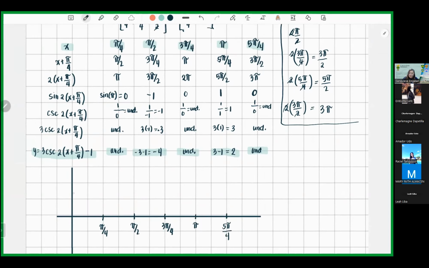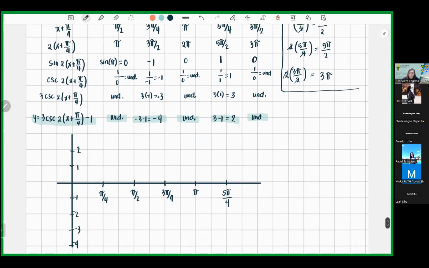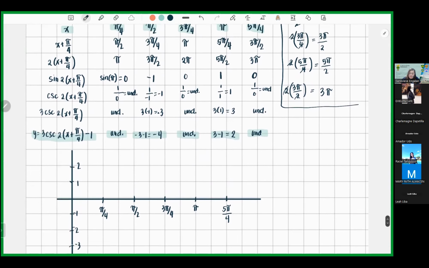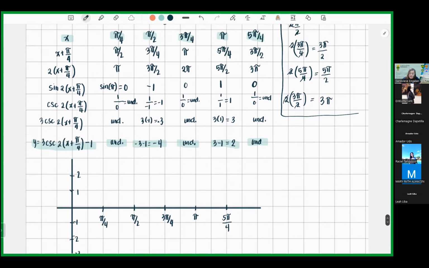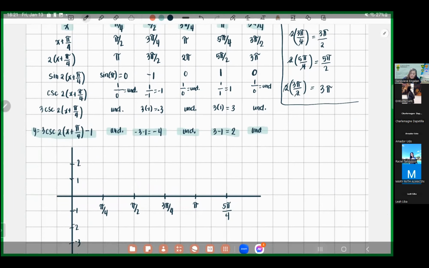Okay. And this is 1, 2. Then 1, 2. Negative 1, negative 2, negative 3, negative 4. Okay. So, at x equal to pi over 4, there is a vertical asymptote.